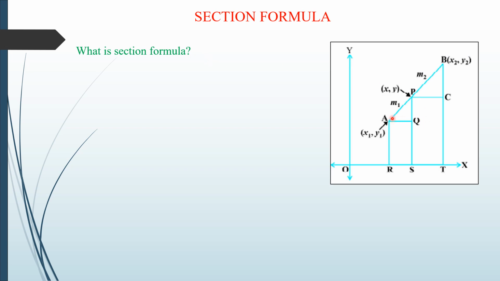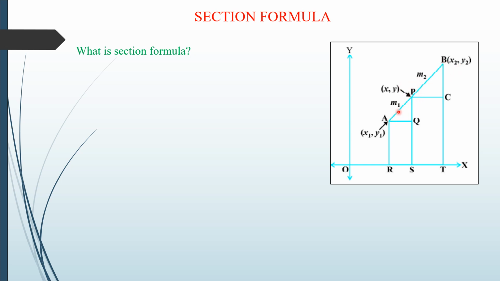Next subtopic of this chapter is section formula. Let us try to understand this one. First of all, what is the section formula? Suppose we have a straight line AB whose coordinates of A are x1, y1 and coordinates of B are x2, y2, and there is another point P somewhere on this line.